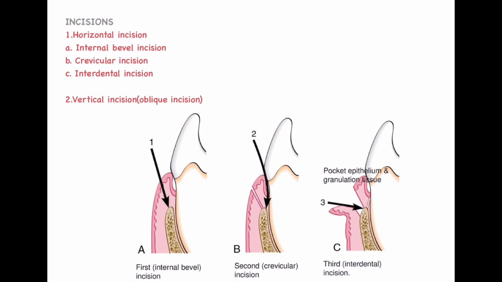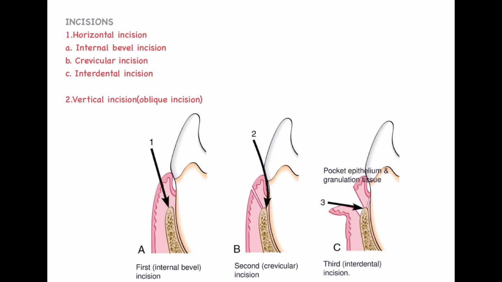Figure A indicates the first incision, that is the internal bevel incision, which is given initially, and is then followed by the crevicular incision. This crevicular incision, as discussed earlier, is given along the crevice, that is along the gingival sulcus circumferentially. The third incision is the interdental incision. This is given along the interdental papilla in the conventional flap so as to reflect the flap. Now these three are horizontal incisions.